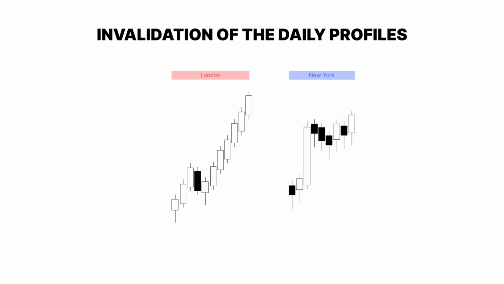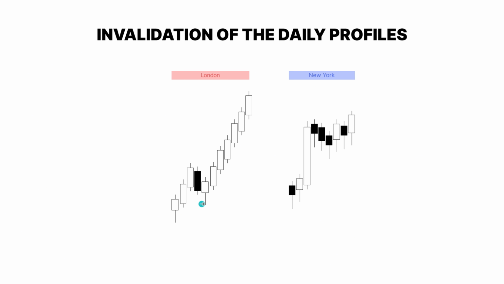So for instance, when London expands, we see that London opens from 2 a.m. to 5 a.m. New York Standard Time, New York minus 4 UTC. When London expands and just keeps expanding, it exhausts the daily range. Meaning if London expands, New York doesn't have much volatility to work itself through.